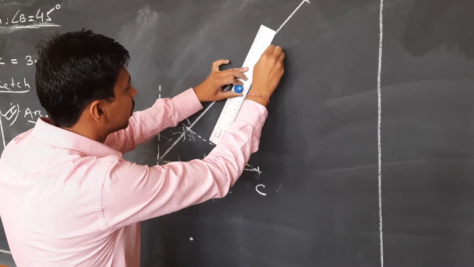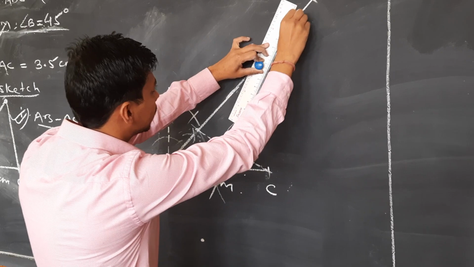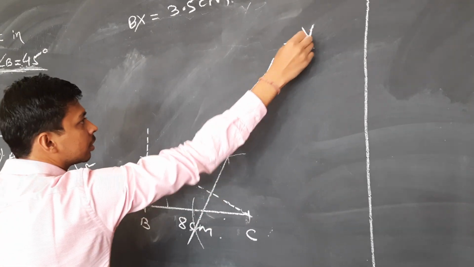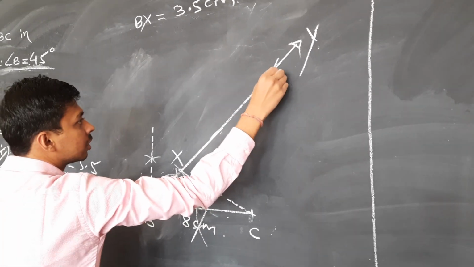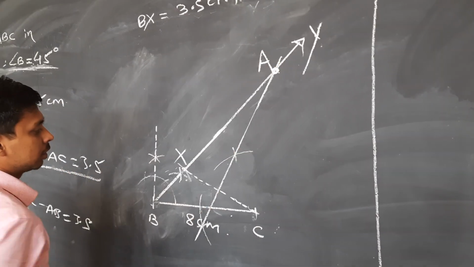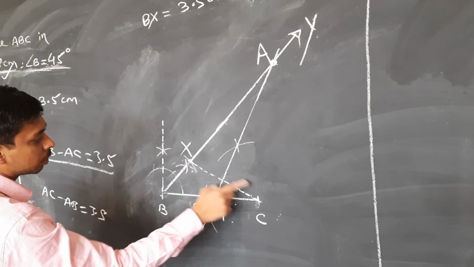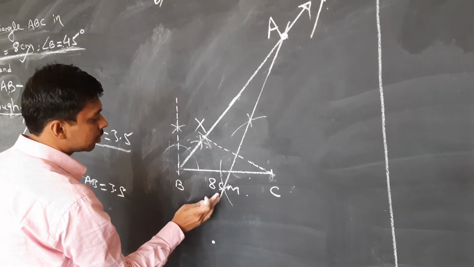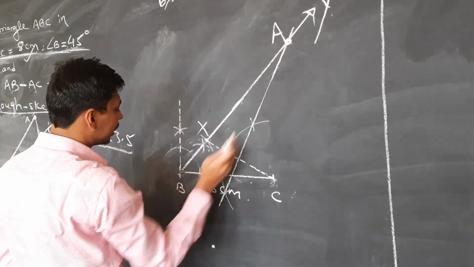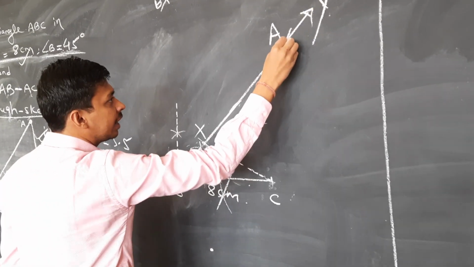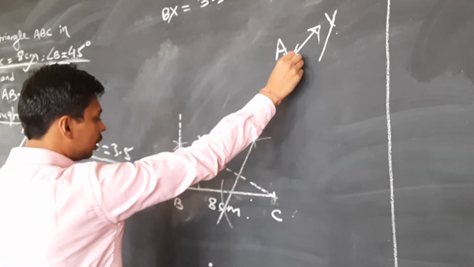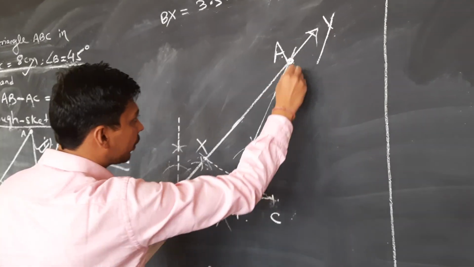Let this line intersect this BY at point A. This perpendicular bisector of this line CX intersects this BY at point A. Okay. So ABC is the required triangle.